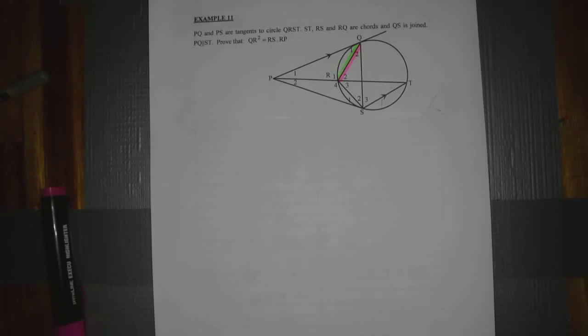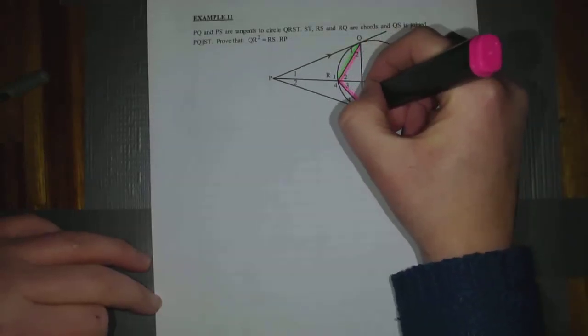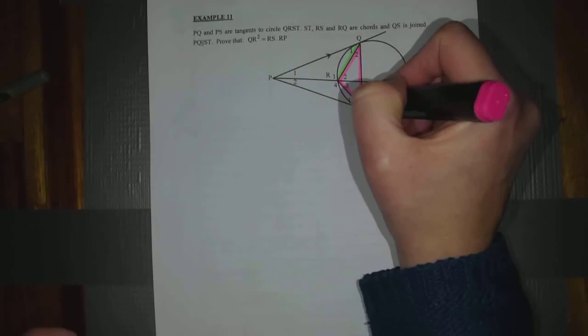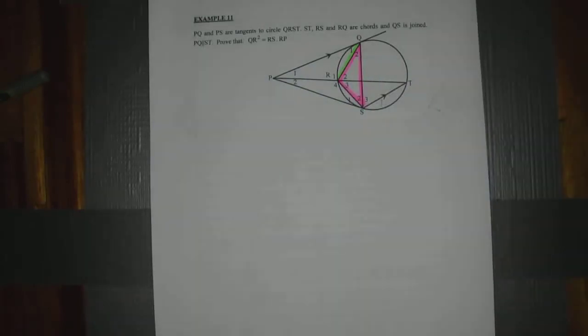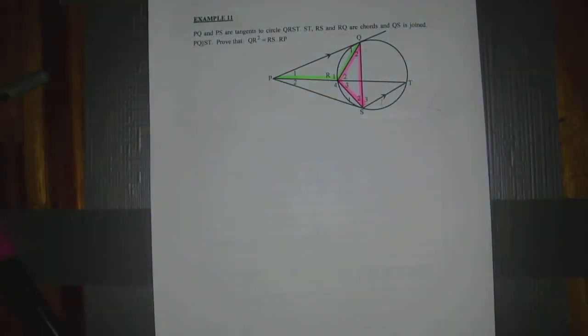So RS goes over here, and I think it's going to be easier just to put this in pink, and then I can complete the triangle. Where will the triangle be that I complete? QRS. There. Then we need RP, so I'm going to highlight RP over there. So where will I complete this triangle? PQR. There you go.